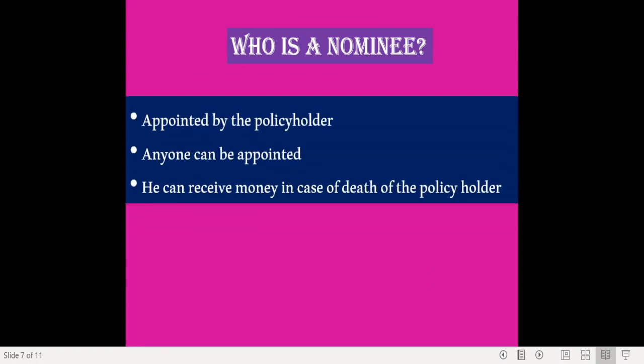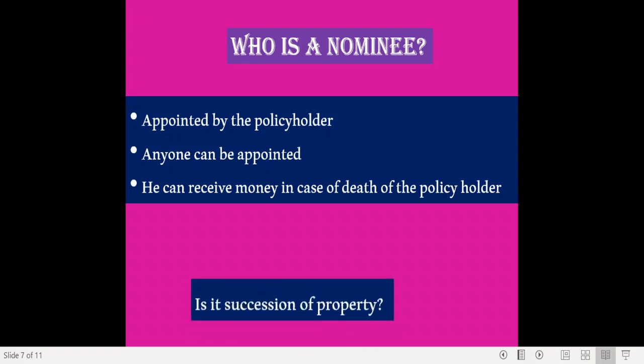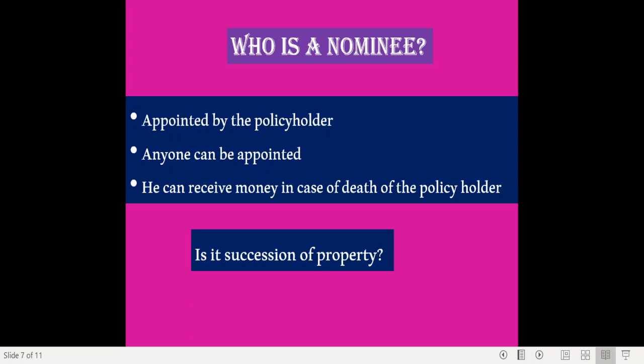Now, what is this you are adding in the proposal form? Nominee is a person appointed by the policyholder, and he can appoint anybody, need not be a relative, and he can receive money in case of death of the policyholder. So once the policy matures due to death, that money is paid to the nominee. Whether such payment of money is a succession of property.